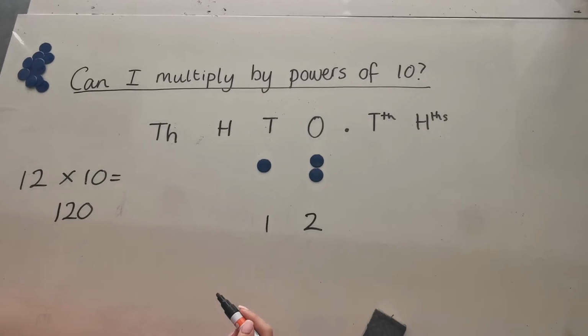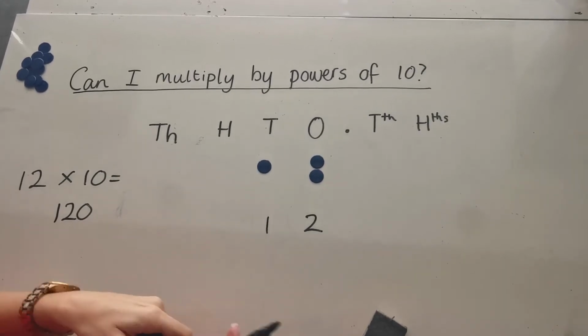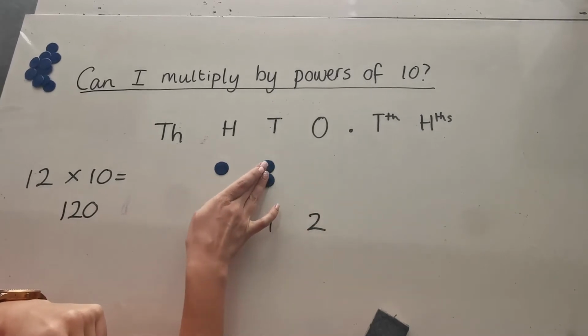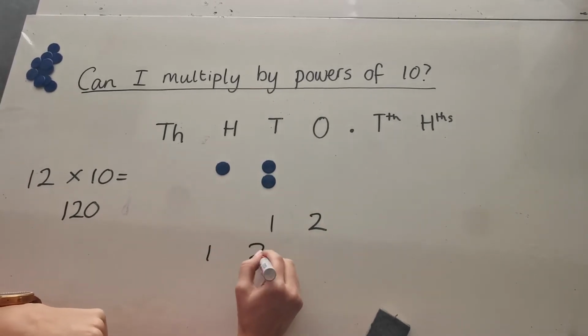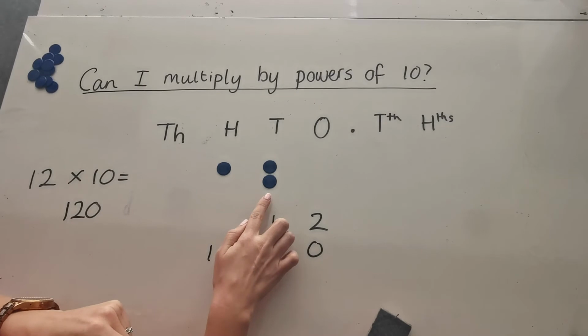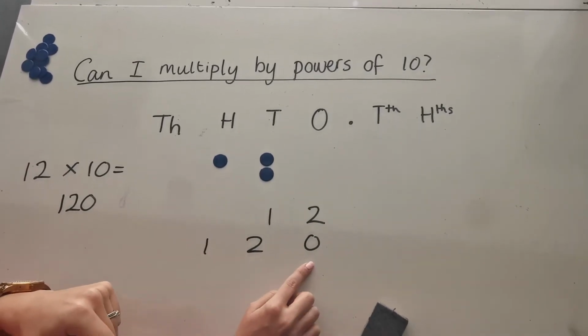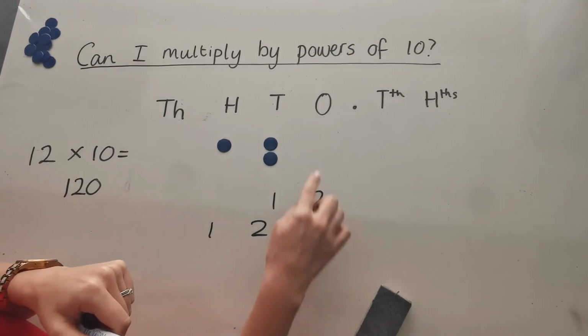That's 12. 120 in the place value chart looks like this. So again, my counters have moved one column to the left, and I've had to put a 0 in the ones column as a placeholder.